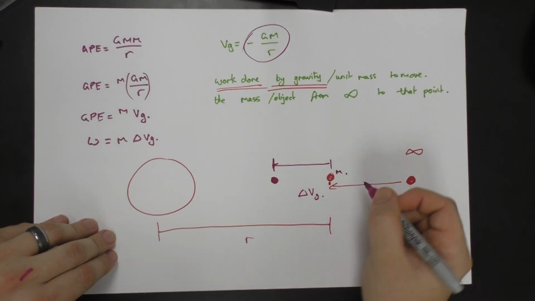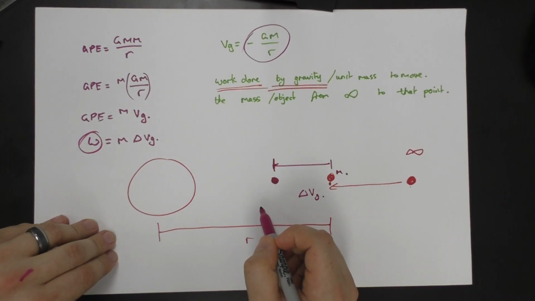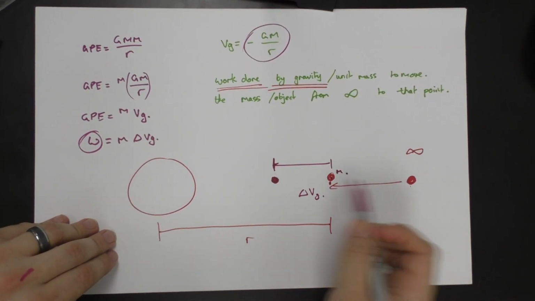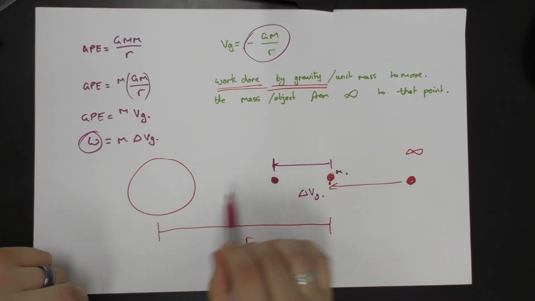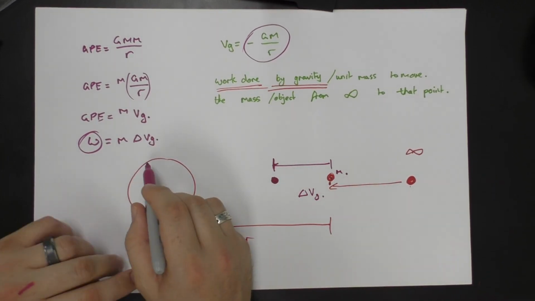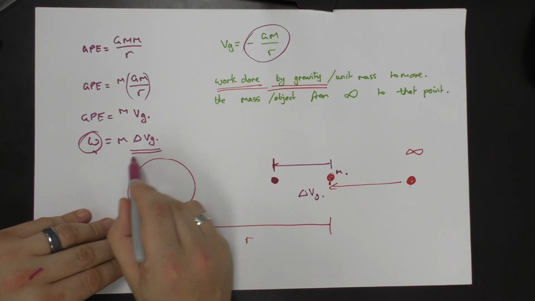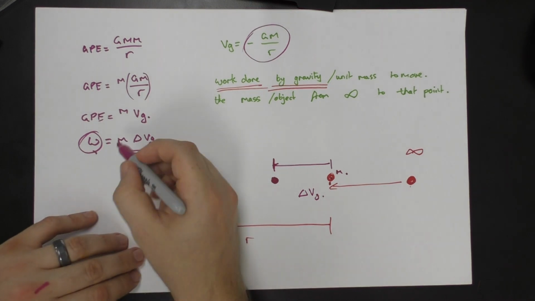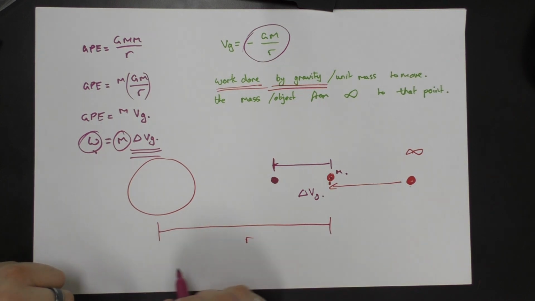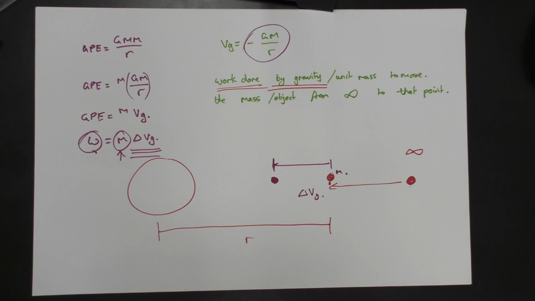And I need to do work in order to move it from that point to that point, or I might need to do work to move it the other way. I've got to do work on it in either case, whether it's gravity doing the work or me doing the work. So we're saying a certain amount of work needs to be done in order to change the potential when the mass is that. This little m here is the mass of the object that's moving around.